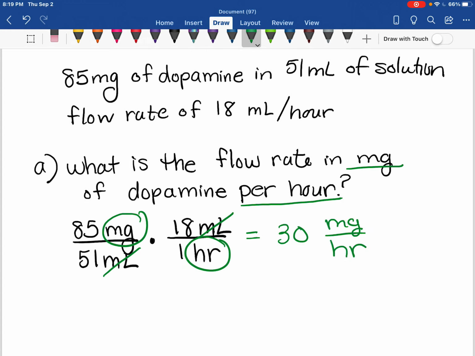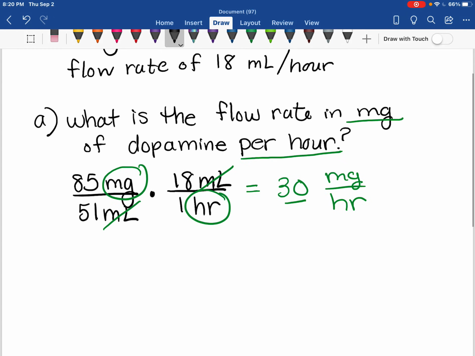Now the question in my version says round to the nearest thousandth, but mine comes out to 30. But just make sure when you're working this problem with your numbers that you are checking the directions for the correct rounded place.